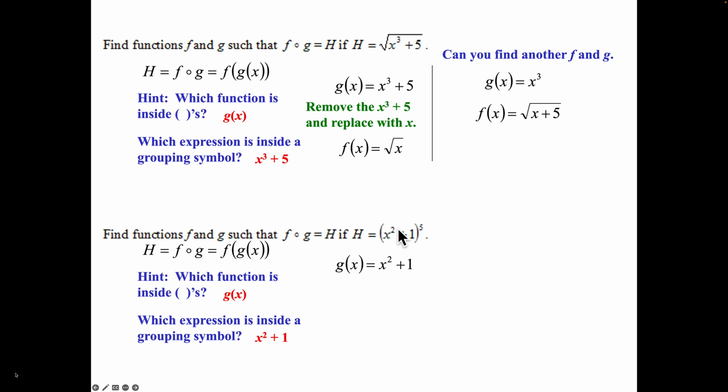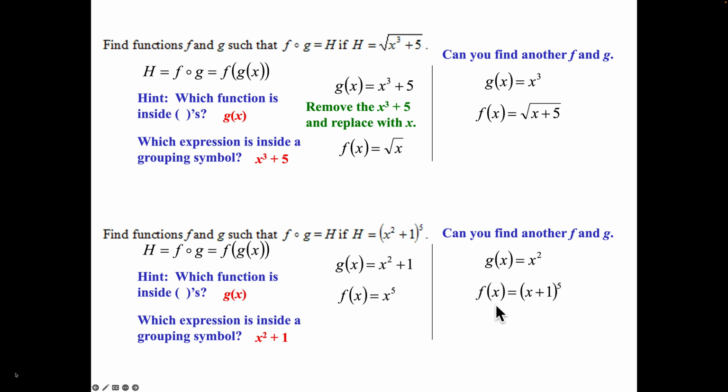You get x in the parentheses to the 5th power, which simplifies to x to the 5th. Again, second method, find the x to the power, that's your g function. Take it out, put an x back in, x plus 1 to the 5th power, that's your f of x function. You can use either technique which best suits you.